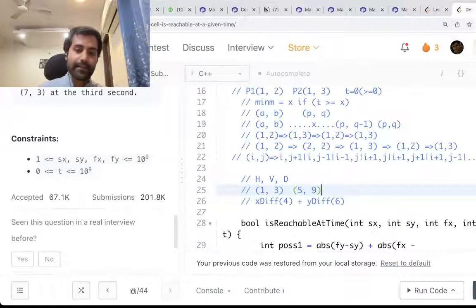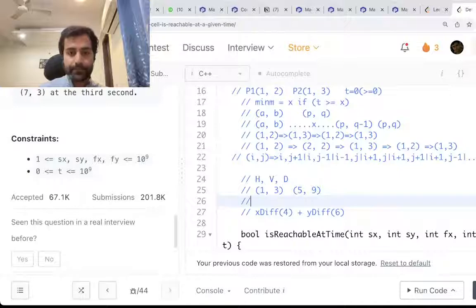So the first option is that you're moving up, up and up. In that case, from (1, 3) you'll go to (2, 4), right? From (2, 4) you'll go to (3, 5), right?